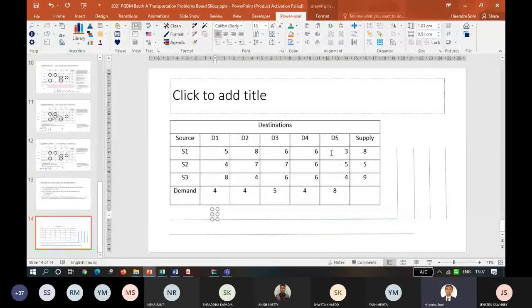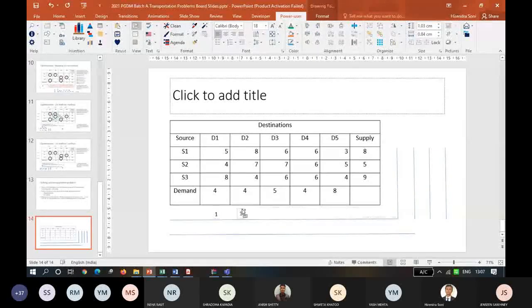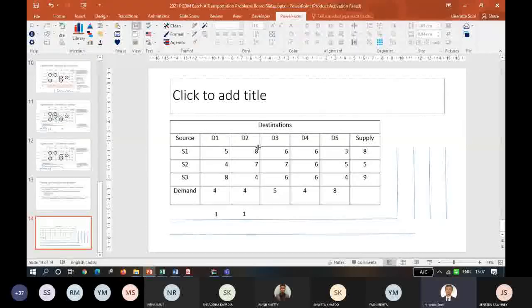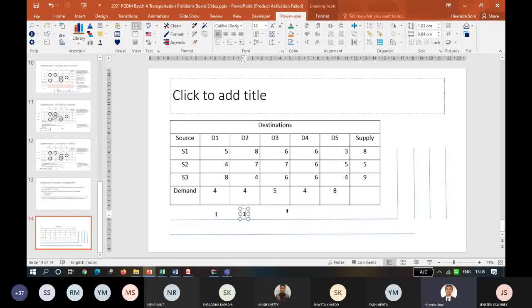So in this column, least is 4, second least is 5, 5 minus 4 is 1. What is the penalty for this one? 4 and 7. So penalty is 3.